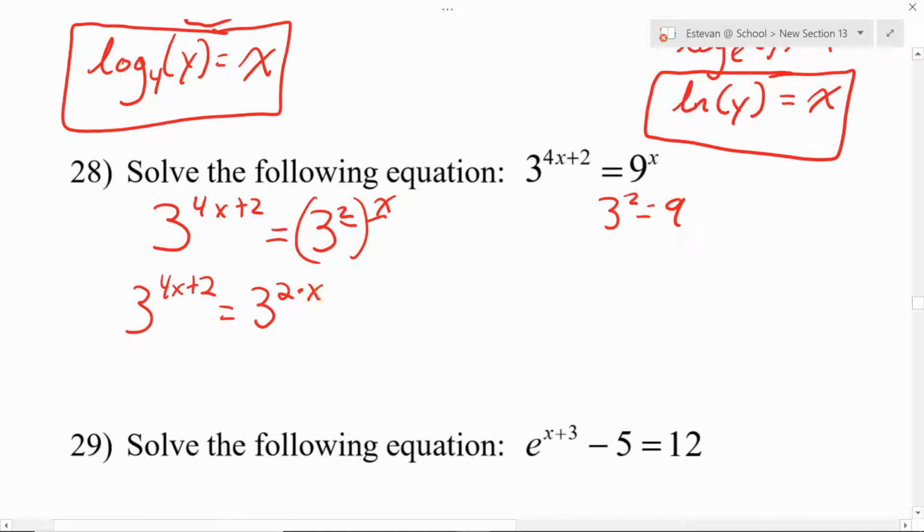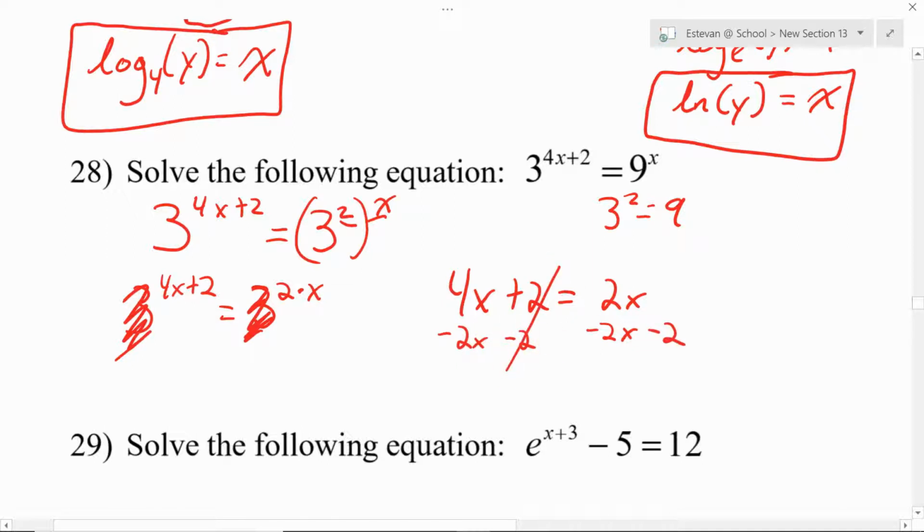Now that the bases are the same, we could forget about the bases and just focus on the exponents. Because of this equal sign, they have to be matching. So we set 4x plus 2 is equal to 2x. Subtract 2x from both sides and subtract 2 from both sides. The 2's will cancel.